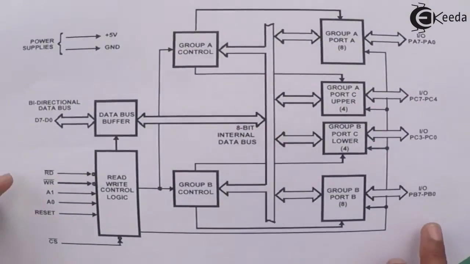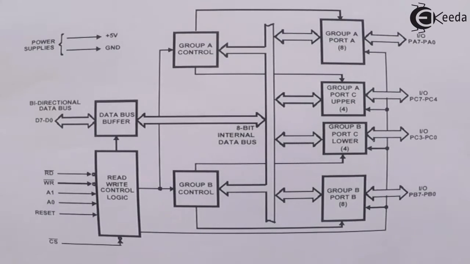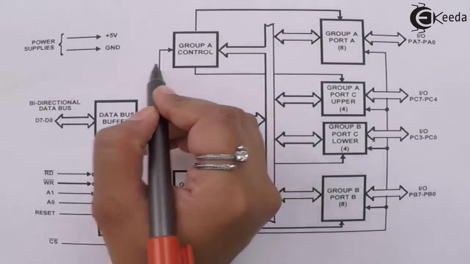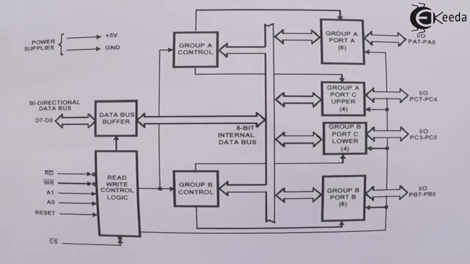This is the block diagram of the 8255 programmable peripheral interface. In this block diagram, you can see that you have two parts here: group A control and group B control. In group A, we have port A and port C upper.